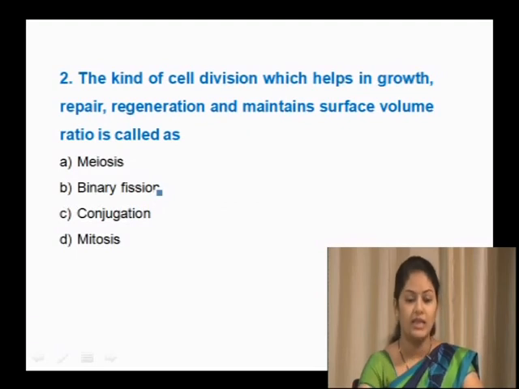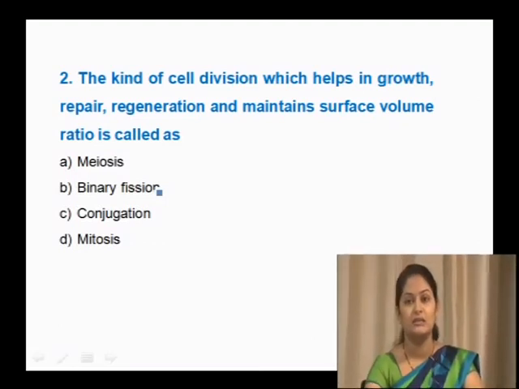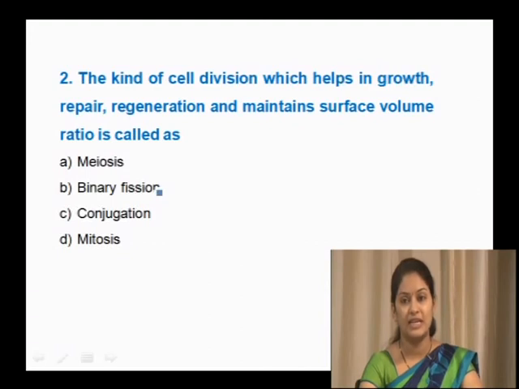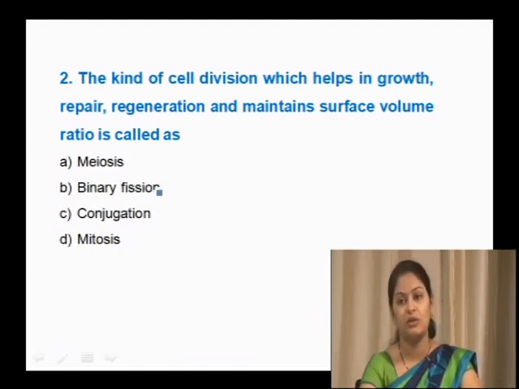Second question: the kind of cell division which helps in growth, repair, regeneration and maintains the surface volume ratio is called meiosis, binary fission, conjugation or mitosis. So, there are 4 options. This kind of cell division should help in growth and repair, regeneration of lost or damaged cells, and also in maintenance of surface volume ratio.